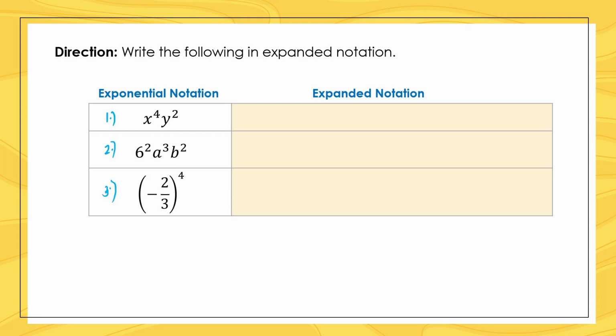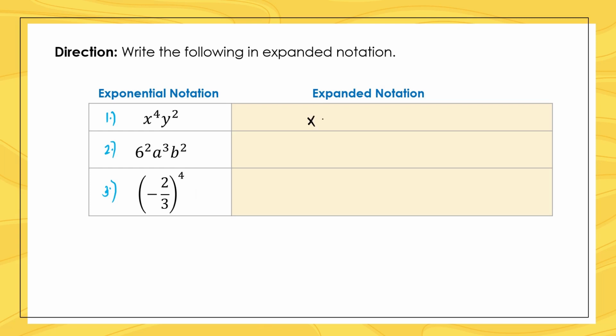For number 1, we have x raised to the 4th power y squared. That's how you read it. Again, x raised to the 4th power y squared. No need for the word "and." So how do you write its expanded notation?